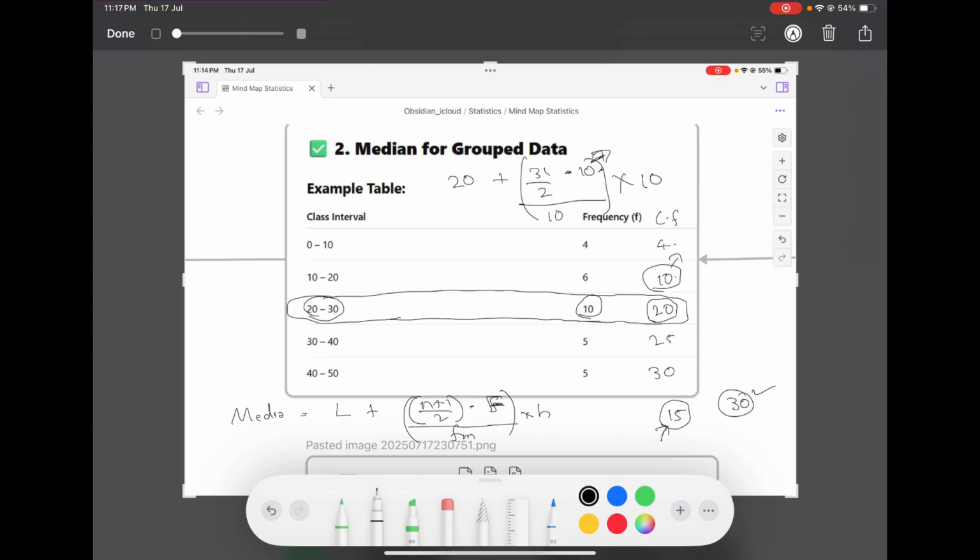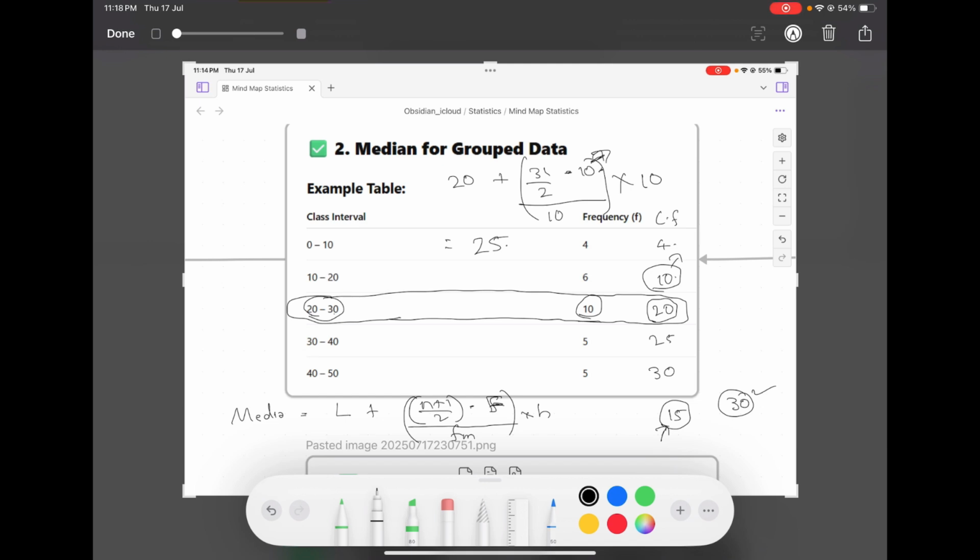If you calculate it, it comes out to be 25. So 25 is the median value here. It will be a little more than 25 point something, so you can calculate it. This is how you calculate the median for grouped data.